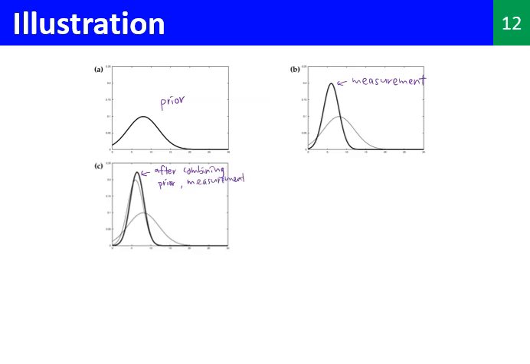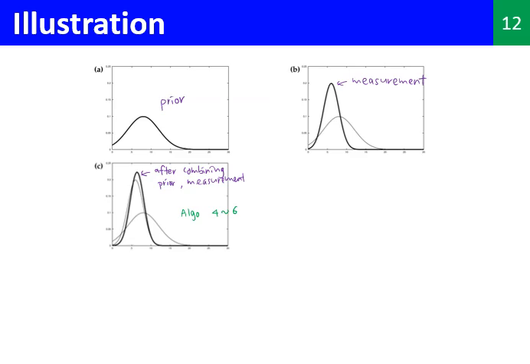So this is happening in lines 4 to 6 of the algorithm. Now there are two things to note. First, the uncertainty of the resulting Gaussian is smaller than both the input Gaussians.